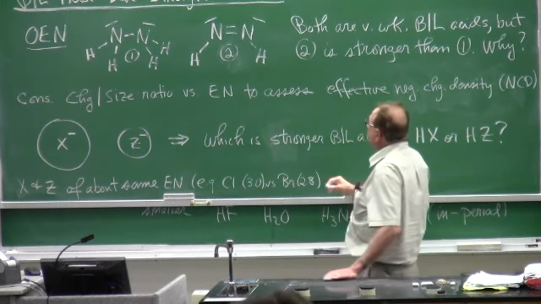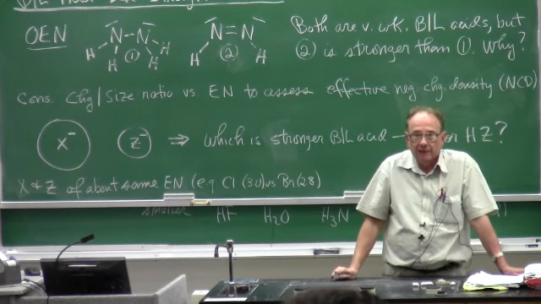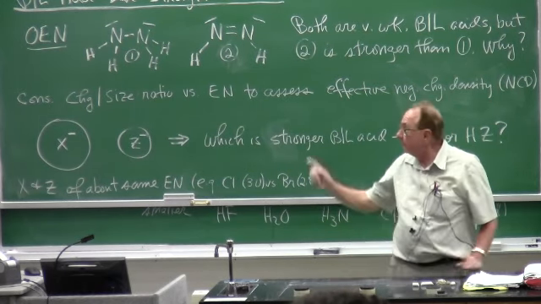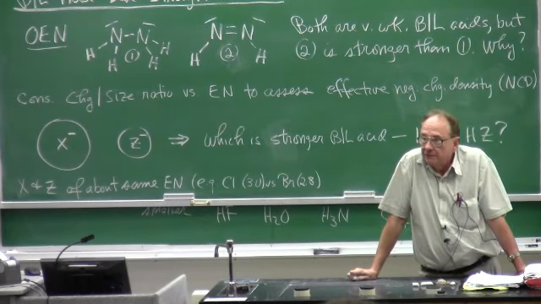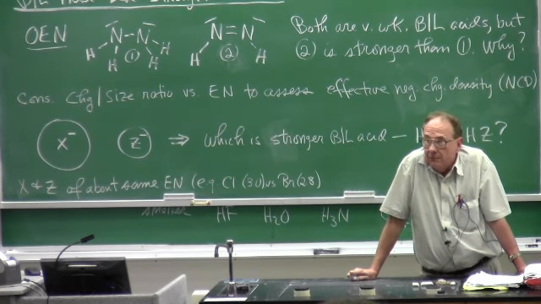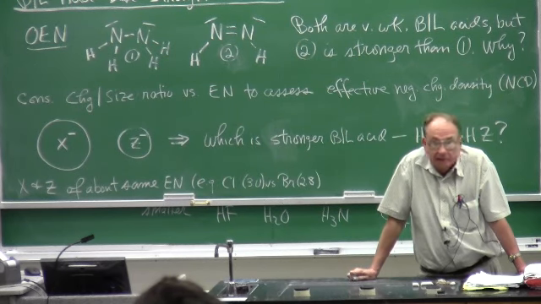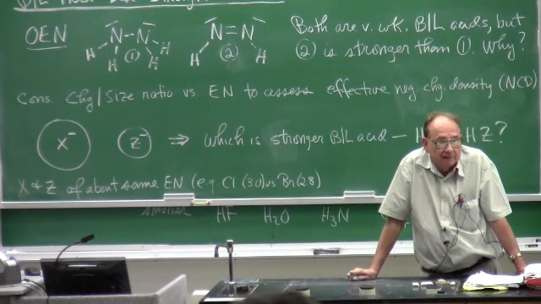Now, both of these are very weak acids. For example, do you see an immediate similarity of these molecules to ammonia? What's the similarity? Well, ammonia is composed strictly of a nitrogen atom and hydrogen atoms, like these molecules, except these each have 2 nitrogen atoms.